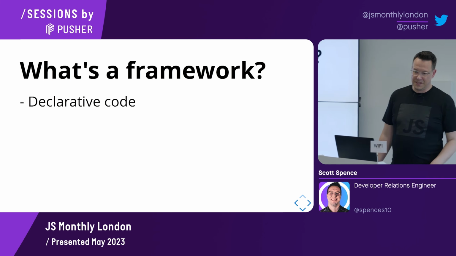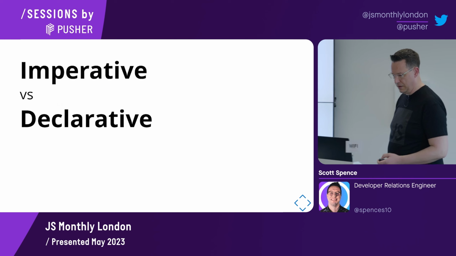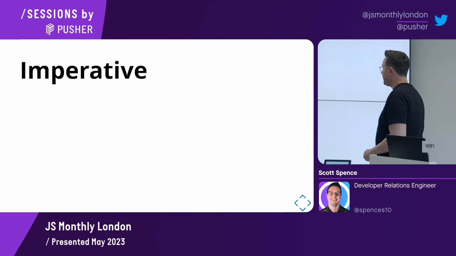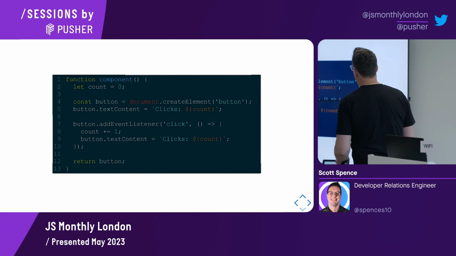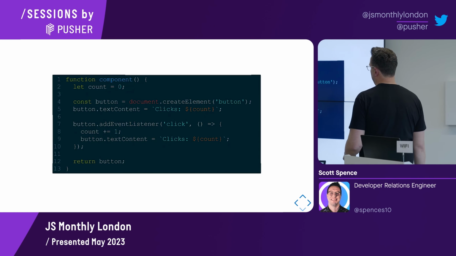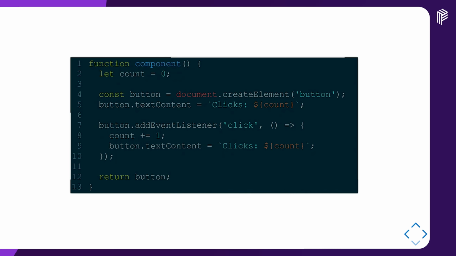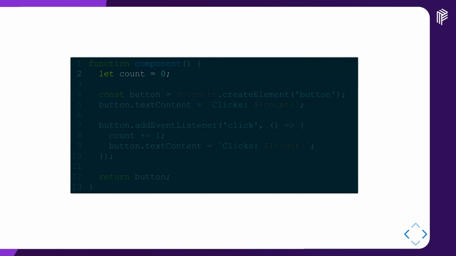So let's take a quick look at what that means: imperative code versus declarative. With imperative code, we've got a really badly named component here for this function. This is just a button which is going to increment a count. Our count variable is defined here.